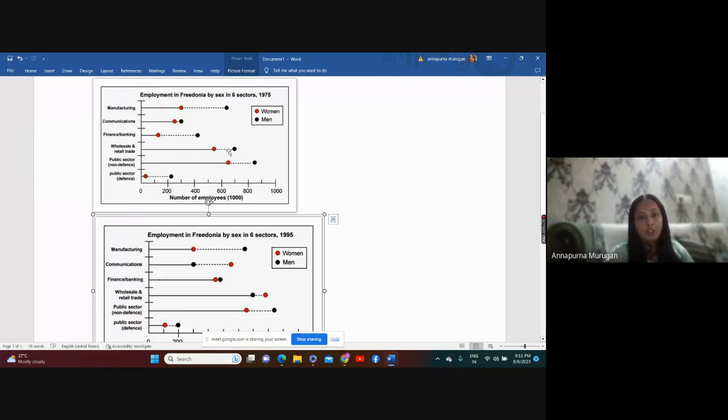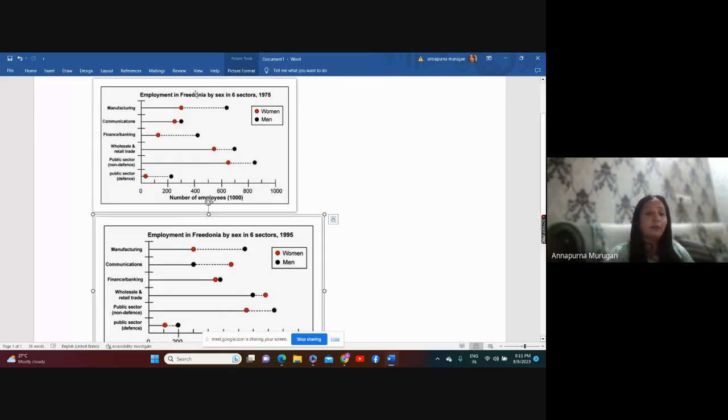We will be comparing individual sectors also, but I'm talking about the initial overview. So initially, as soon as you see, what you will get is that in every field in 1975, men were at the top in numbers, whereas in 1995 we have seen changes.